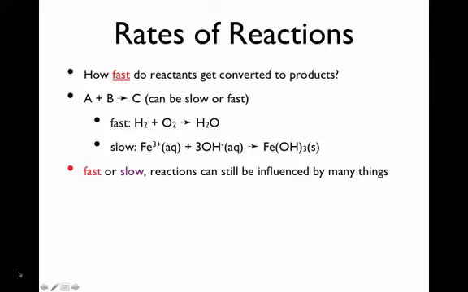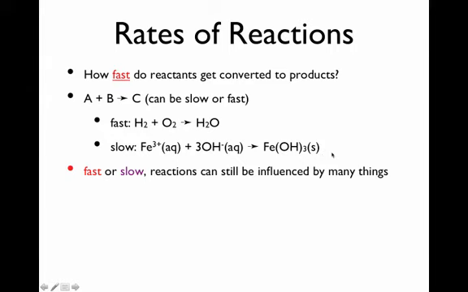One thing to point out is that we can actually speed up and slow down reactions as well. This might be a very fast reaction, but we can tinker with the environmental conditions and slow it down under some circumstances. This reaction can be very slow under most conditions, but we can tinker with the conditions that it takes place in and speed it up to some extent.